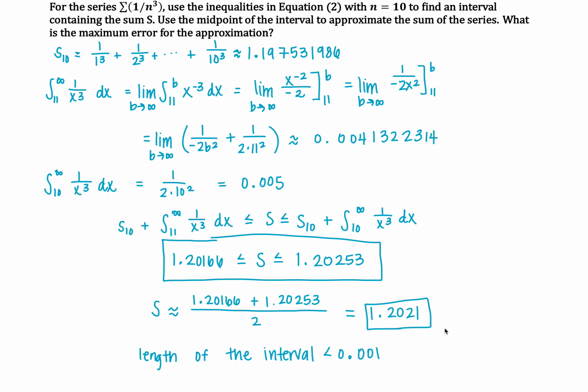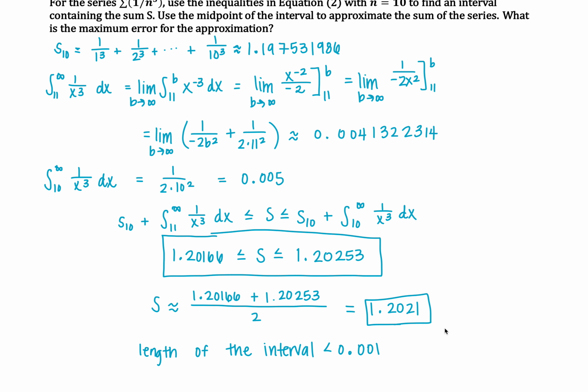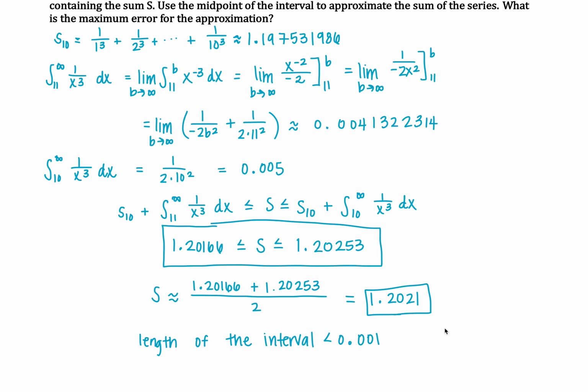It says, what is the maximum error for the approximation? Well, we looked at the midpoint of the interval, so our maximum error is going to be half of this amount. So our error is going to be less than half of this. So our error is no more than 0.0001.